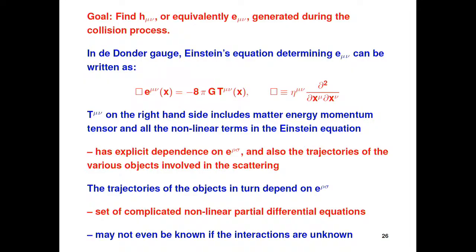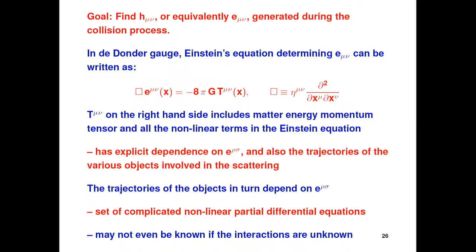We have expressions for T mu nu in terms of E mu nu, so it does depend on E mu nu. So the right hand side, even though it looks simple, the T mu nu actually has a non-trivial dependence on E itself. So this is a nonlinear equation, with the nonlinearity hidden inside T mu nu.